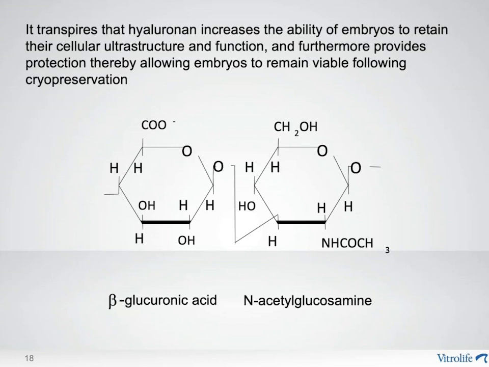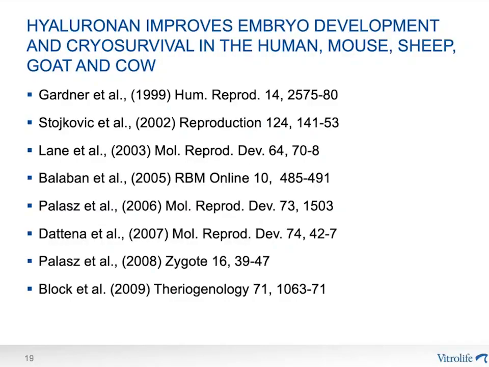And this was a serendipitous finding, and it was repeated several times by several groups over the decade from 1999 to 2009. And these are papers that are on the mouse, the sheep, the cow, the human, and the goat. So it's not defined or restricted to one species. It's a number of mammalian species which all reported a highly beneficial effect on cryosurvival when you culture the embryo in the presence of hyaluronan.